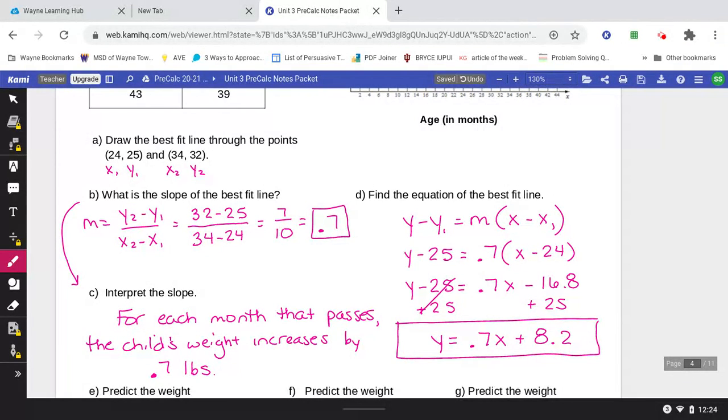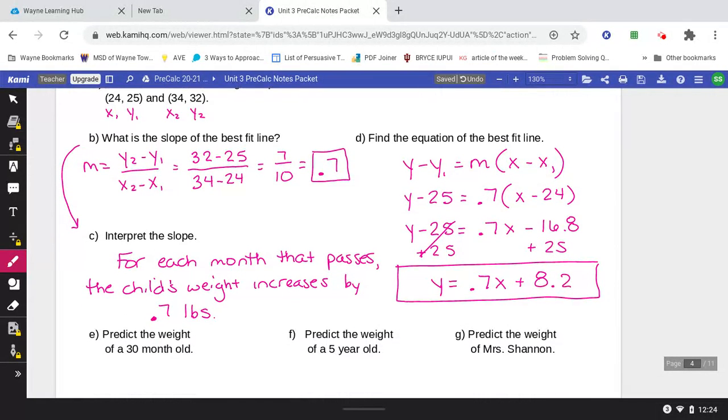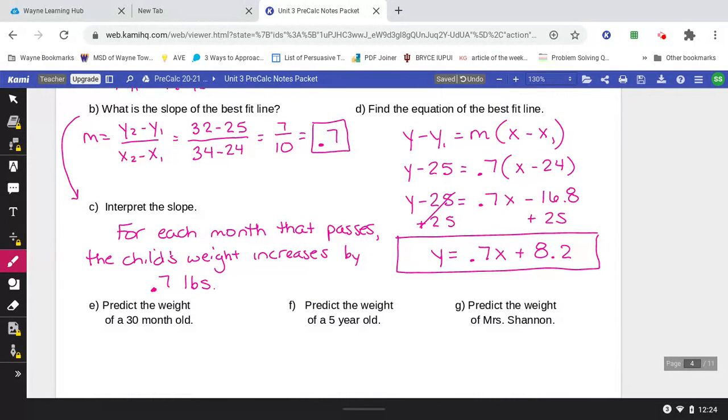All right, so my equation is y equals 0.7x plus 8.2. And that 8.2 is my starting point. That's actually the average birth weight of a baby, that 8.2 pounds. And then each month they go up by 0.7.